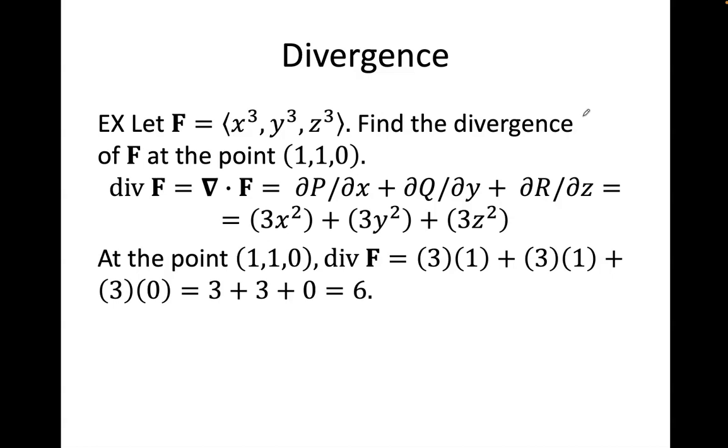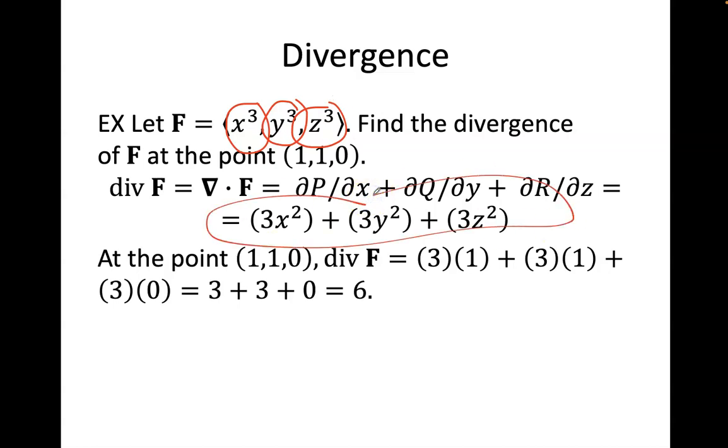For example, let F equal x cubed, y cubed, z cubed. Find the divergence of F at the point 1, 1, 0. Divergence of F is del dot F. In other words, partial P partial X plus partial Q partial Y plus partial R partial Z. That's going to be 3x squared, plus 3y squared, plus 3z squared, and this is what we get when we add those together.